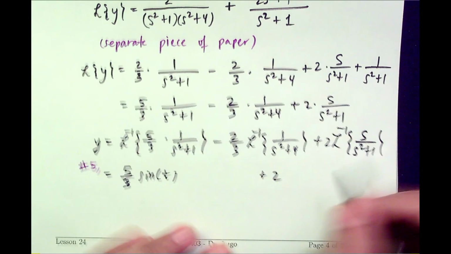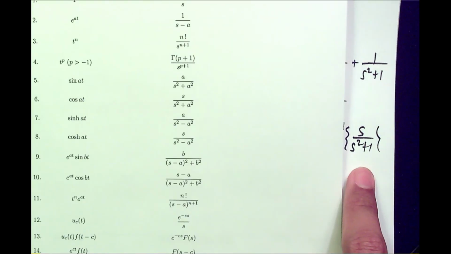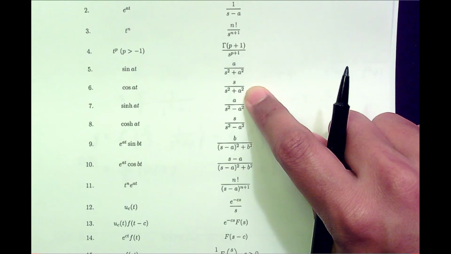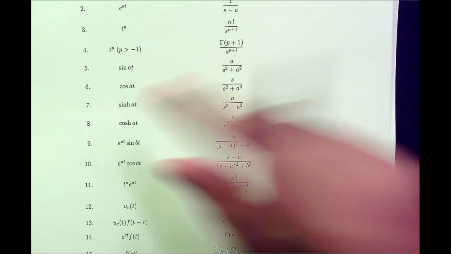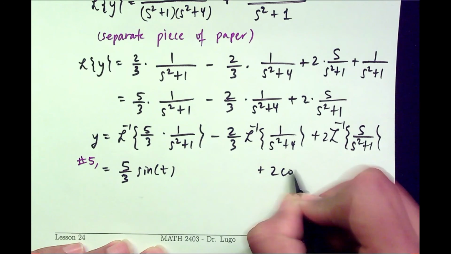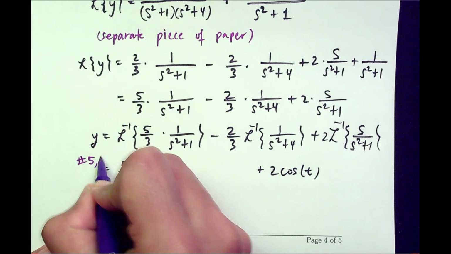Plus 2, and then we're going to look this one up. We're looking for s over s squared plus 1, and it is right there, where a equals 1. A equals 1, so that means it is a cosine of 1t, cosine of t. And that is number 6.